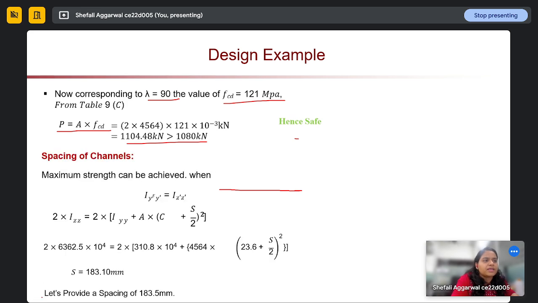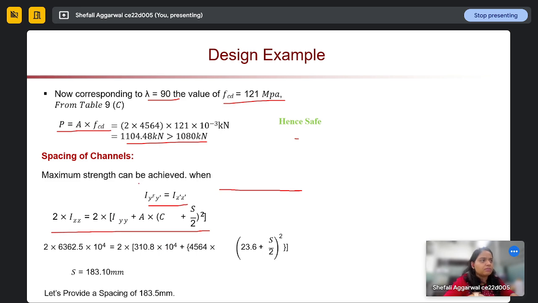Next, we have designed our column section for compressive strength. Now we will design the spacing of our channel sections. For this, the factor we are considering is that I_yy should be equal to I_zz. So the complete formula is: 2 into I_zz should be equal to 2 into (I_yy plus A into (C plus S by 2) whole squared). We know the I_zz value of our channel section, and we have the I_yy value also.